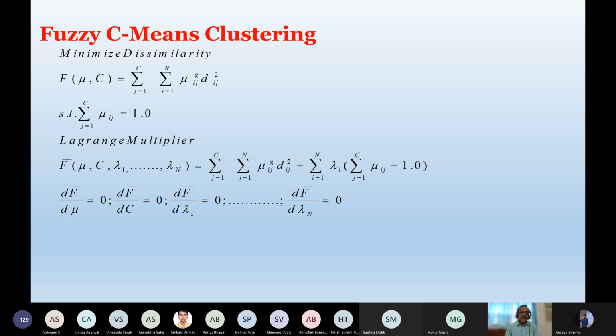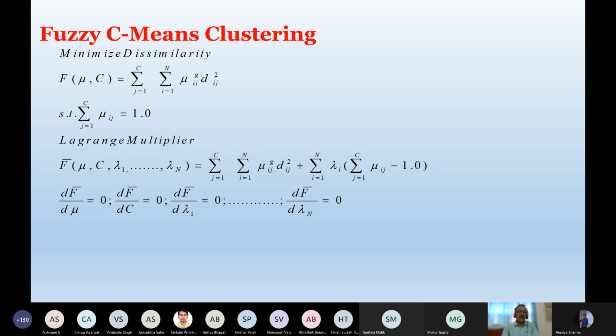We can use the Lagrange multiplier. And this is actually coming under the umbrella of traditional tools for optimization. So here, this is the objective function. F mu comma c is nothing but this, subject to the condition, this is equal to 1.0. So this is the functional constraint. This is the objective function.